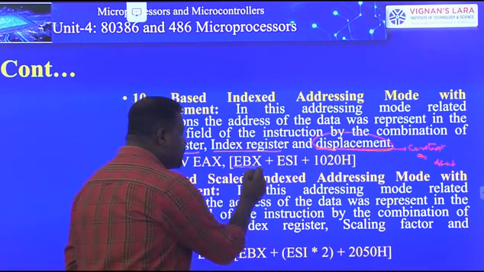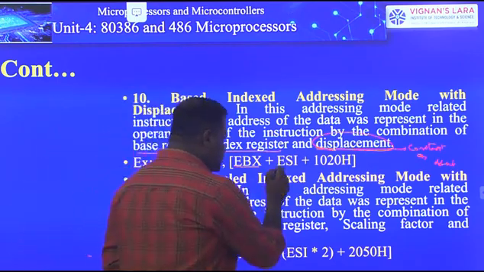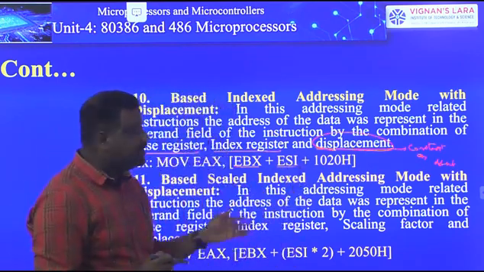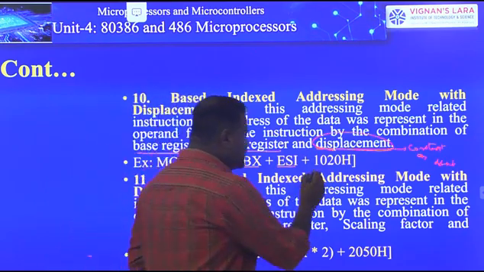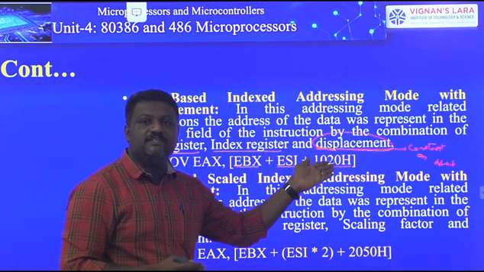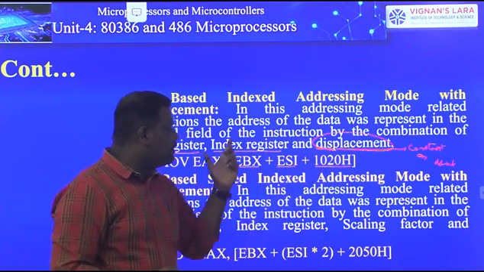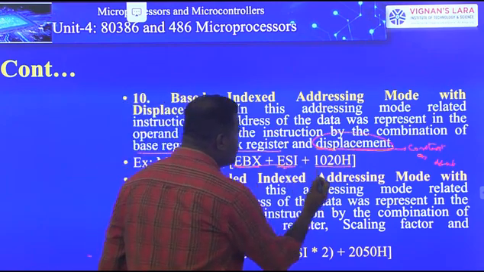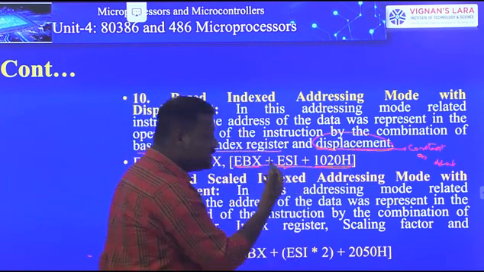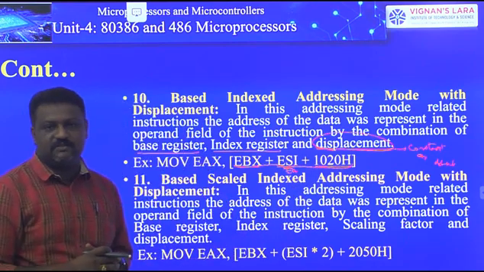One portion of your data address is available in EBX, another portion is available in ESI, and another portion is directly placed in the instruction operand field as the displacement value, that is 1020H. Once you add all these things, you get a final offset address of a data that we call the effective address.